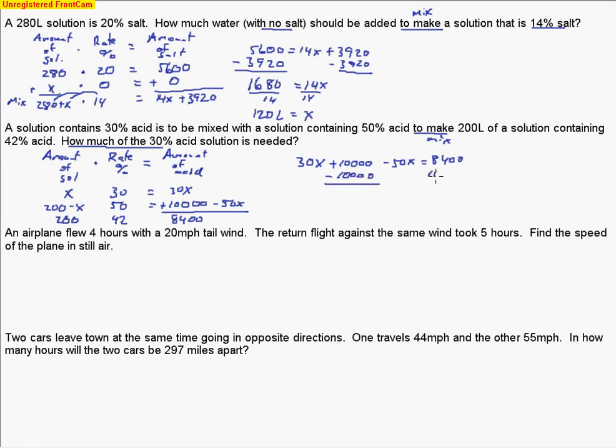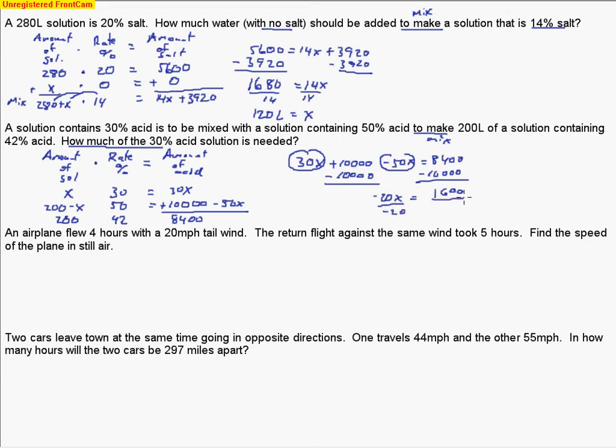When you do that, make sure you borrow a little bit. If you think about it, we've got 600. It will give us an extra 400, plus 600 makes 1,000, and then 1,000 plus the 8,000 plus the extra 1,000 gives me 10,000. So 1,600 equals, and then I collect these two terms here. Negative 50 plus 30 gives me negative 20x, and then I'm going to do the division.